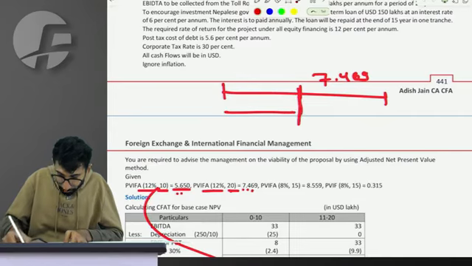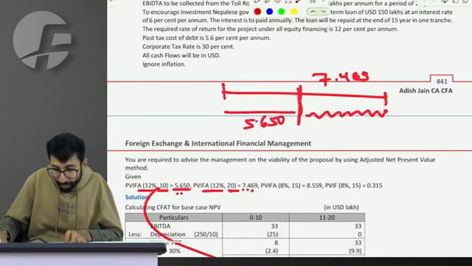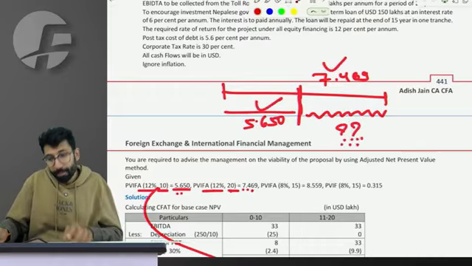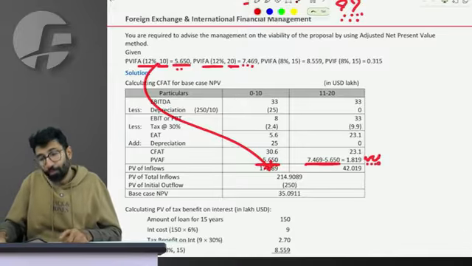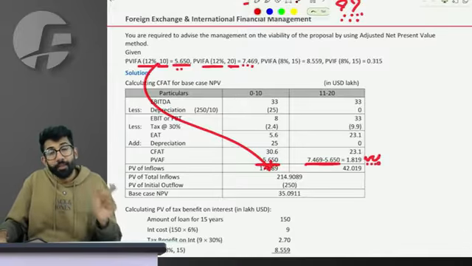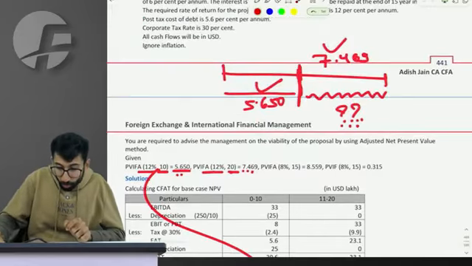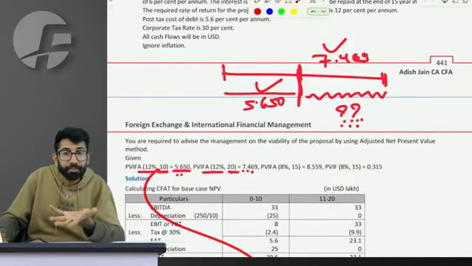Next 10-year, the present value is 5.650. So, from 11 to 20, what will be the present value? This minus this. 11 to 20, present value is this minus this, which is 1.819.